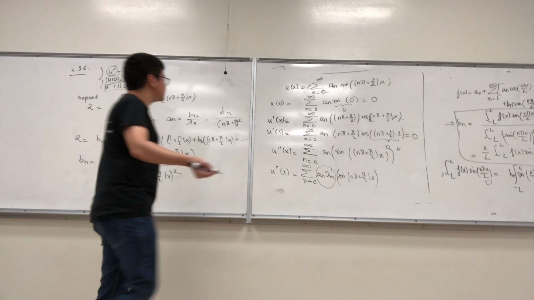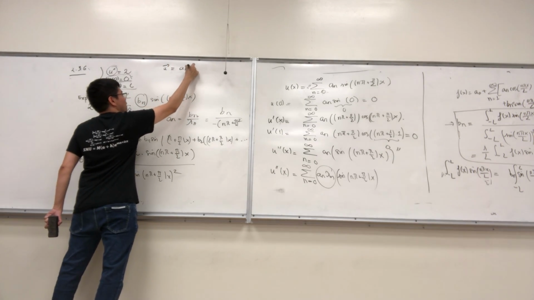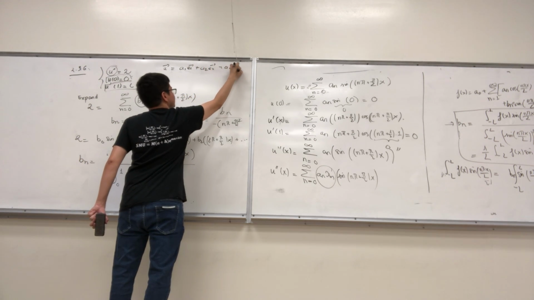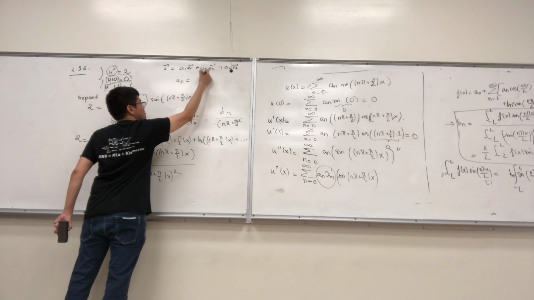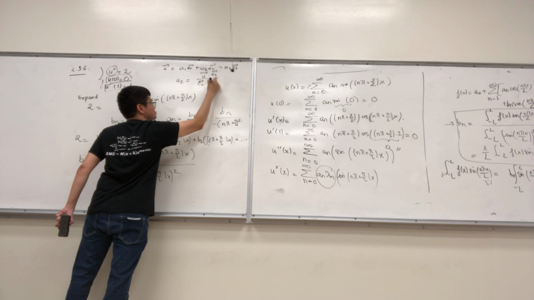Right? So it is also the same with the case where you have u is a1 e1 plus a2 e2 plus a3 e3. So to compute a2, for instance, you have to multiply u with e2, but you have to divide by e2 times e2.